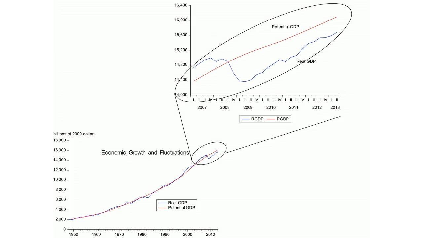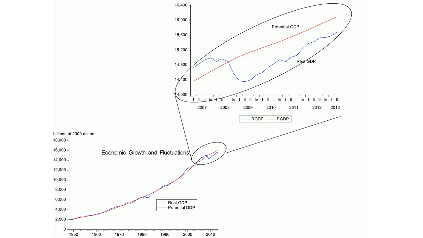Our best guess is that potential GDP has continued to grow, but we haven't really closed that gap at this point in time. So what we're concerned with now is really what causes that downturn in the economy as distinct from the long-term growth, and what causes the recovery, what causes the end of the recession where it begins to turn around, and what are the public policy roles in this part of the economy.